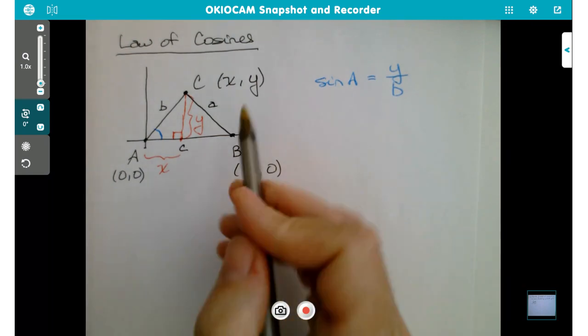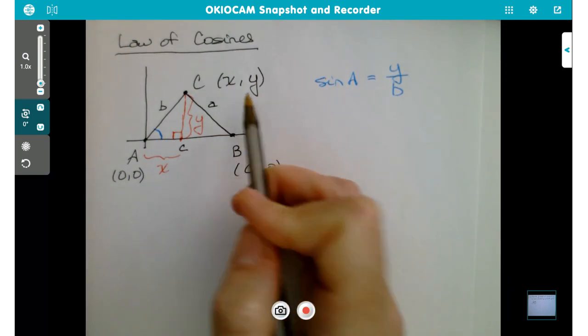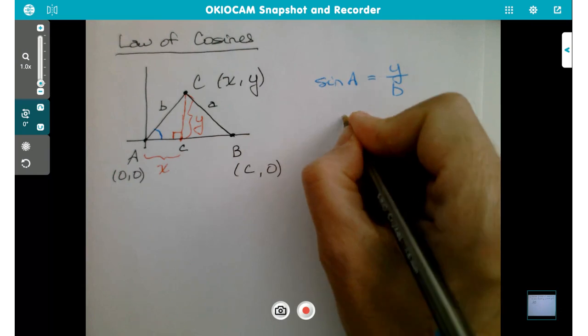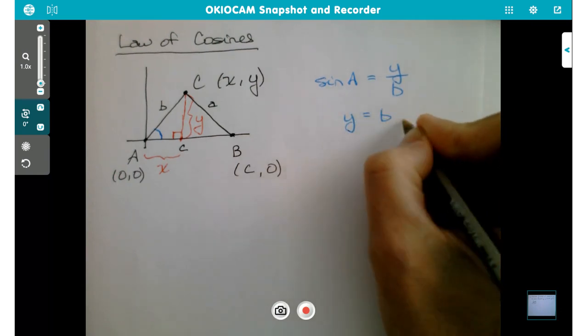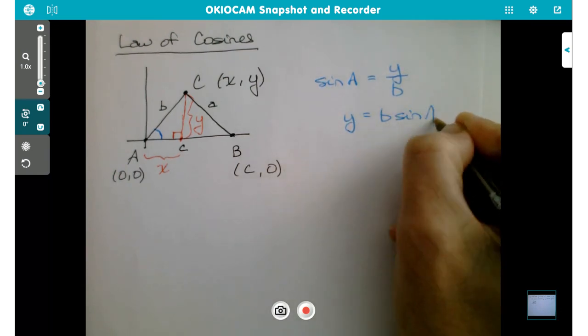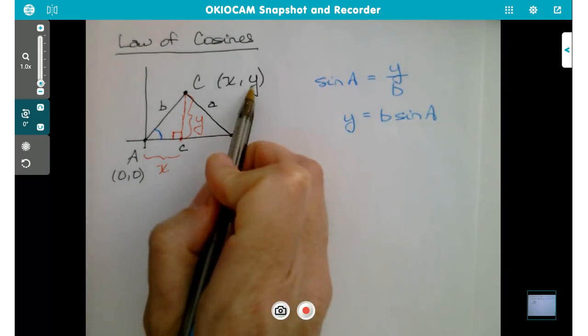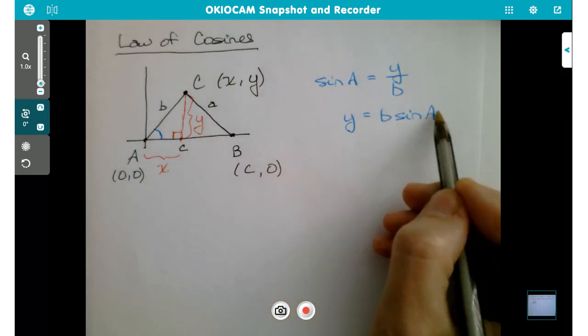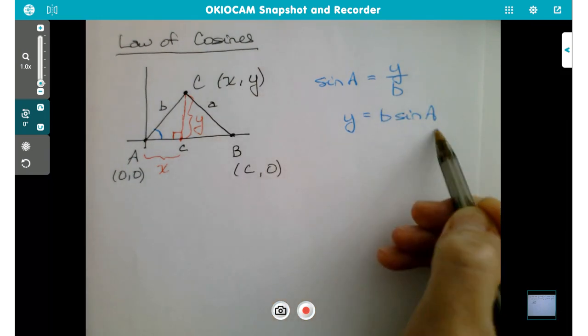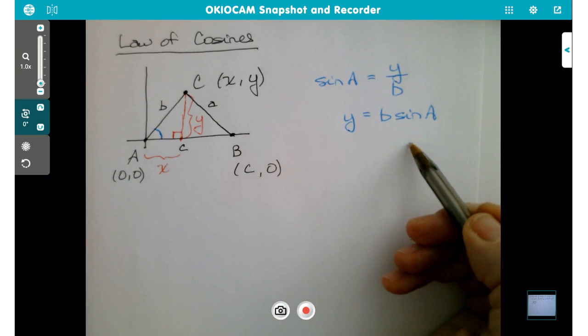Well, y is a pretty generic name. I would like to solve this for y, and I get b times sine A. The reason that's good is now I'm expressing this y-coordinate of this point using parts of the triangle and not just arbitrary y.